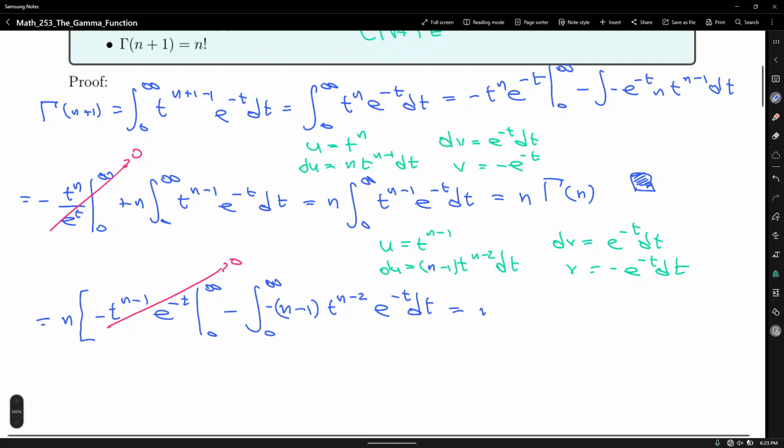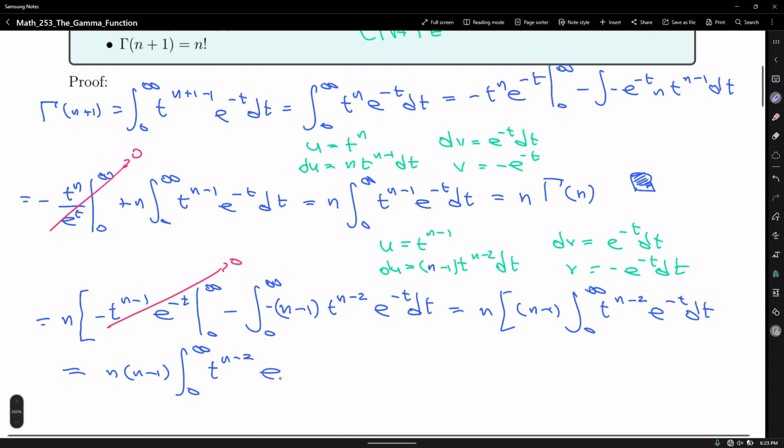That's going to leave us with n times, I'm going to take this n minus 1, the integral from 0 to infinity of t to the n minus 2 e to the negative t dt. This is the same as saying n times n minus 1 times the integral from 0 to infinity of t to the n minus 2 e to the negative t dt.